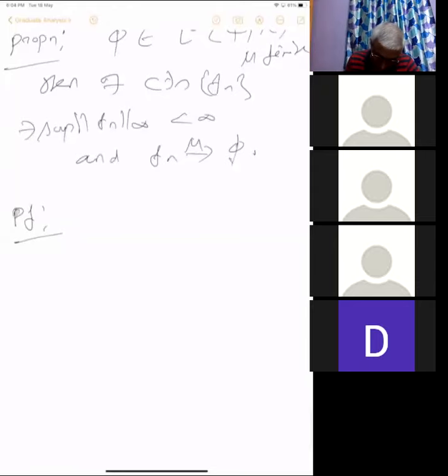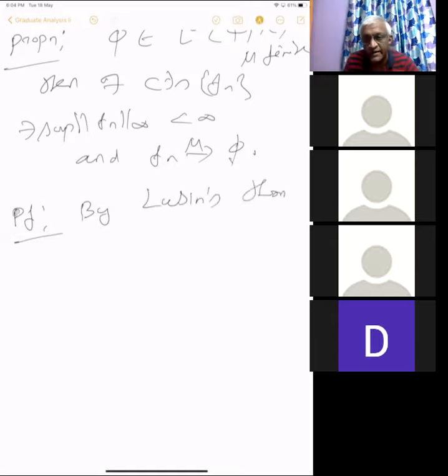So it's Lusin's theorem. Lusin's theorem is for R^k, I think it's proved for R^n, but then it's true for C, since C is like R^2.